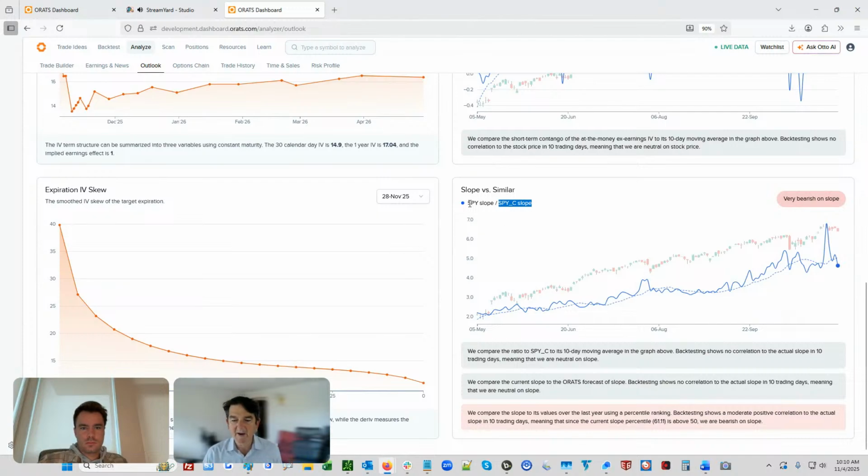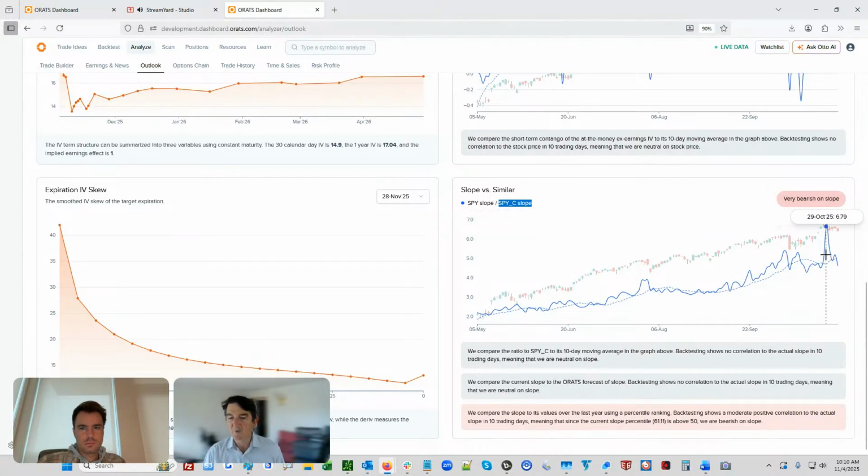SPY is often much steeper than its components, meaning you might have an average slope of what we call a 5% slope in SPY, but only a 2% or 2.5% slope in its components. That's why it's usually about two times. But lately, it's been going way up, so it's almost 5 times. Now it's coming down, but it got very, very steep in SPY.